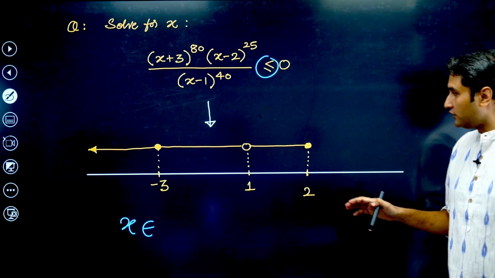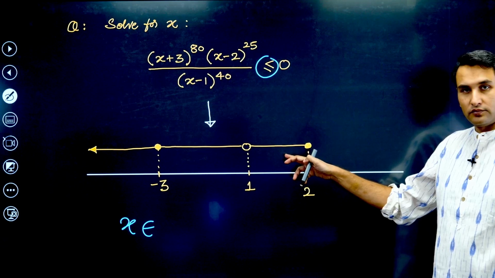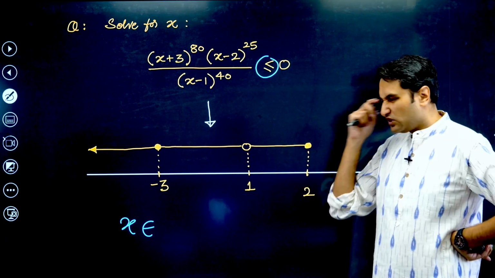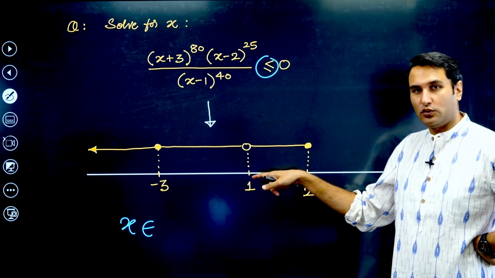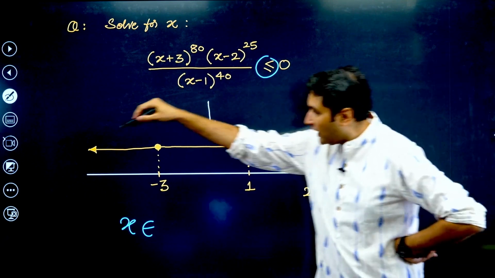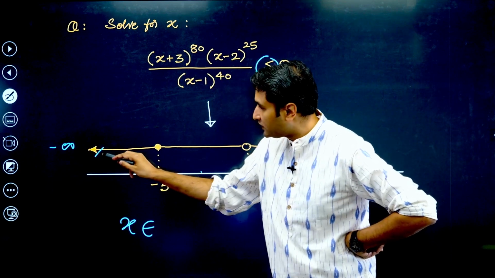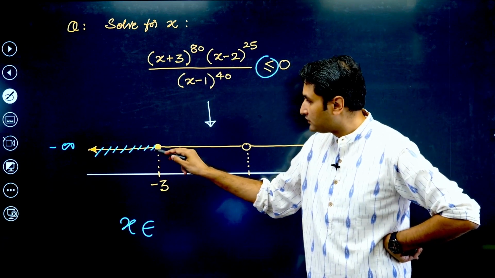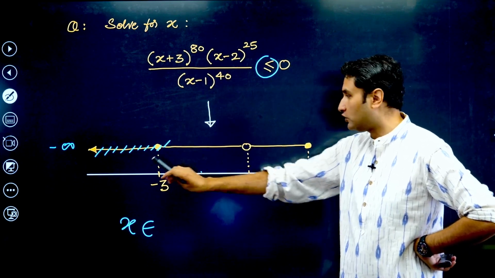See this very carefully. All numbers less than 2, but don't take 1, don't take 1 in between. So I was coming in from -infinity, taking all the numbers. -3 comes because of this question somewhere, but don't worry about this.